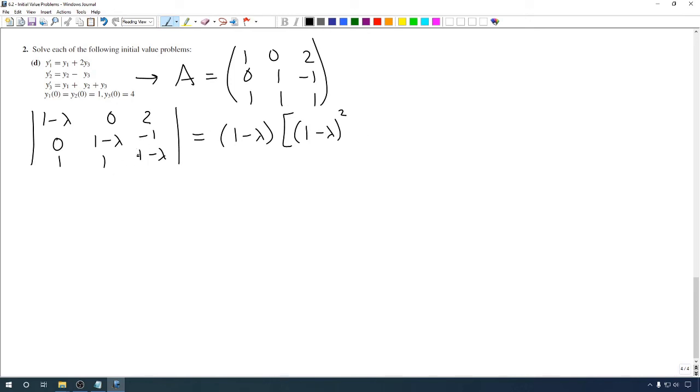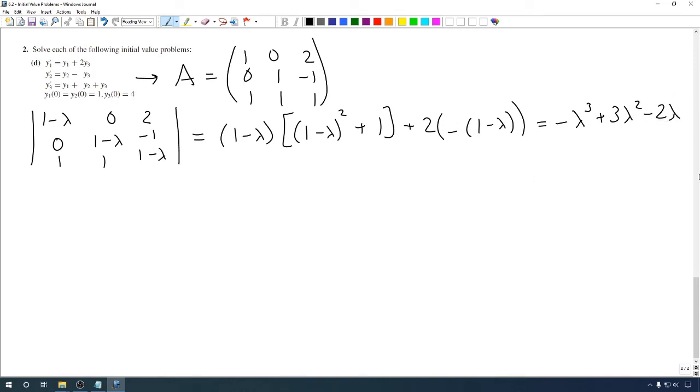Then minus negative 1 times 1, so we add 1. The 0 here we're using to not have to do that part. Then we have a plus 2 times this part. So we have 0 minus 1 minus lambda times 1. So lots of fun with that one. If we expand everything out, we get negative lambda cubed plus 3 lambda squared minus 2 lambda.